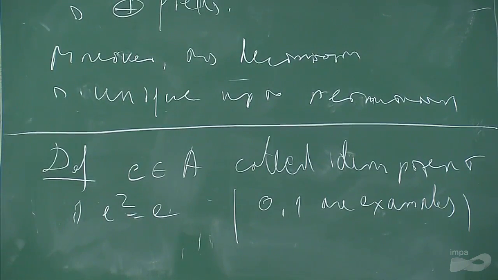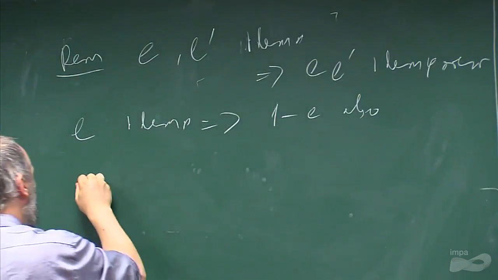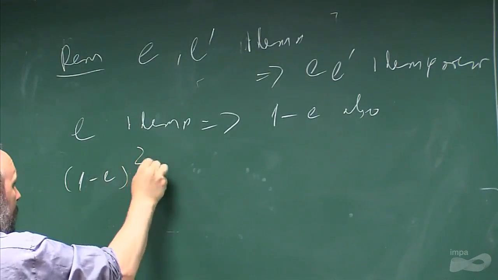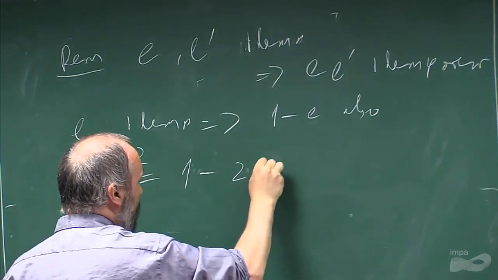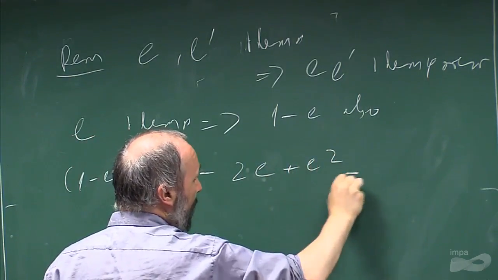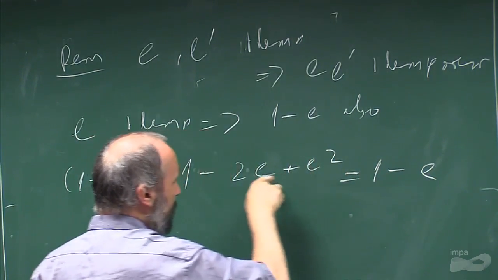And also if E is idempotent, then 1 minus E also is, because you take 1 minus E squared, you obtain 1 minus 2E plus E squared, but this is the same as 1 minus E because E squared is E.